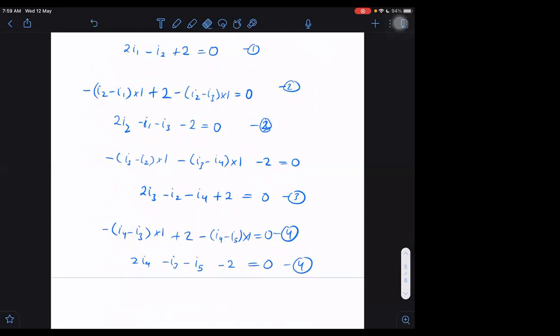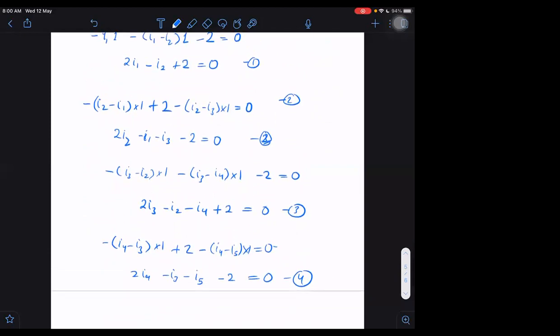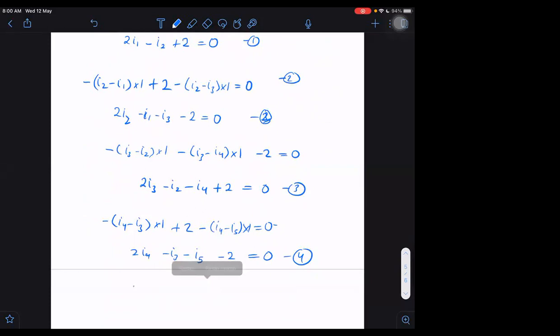Now at least you are noticing the pattern or not? If you have really noticed the pattern, then you can tell me the next equation also. 2I5 minus I4 minus I6 plus 2 equal to 0.